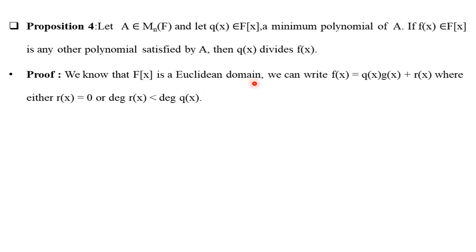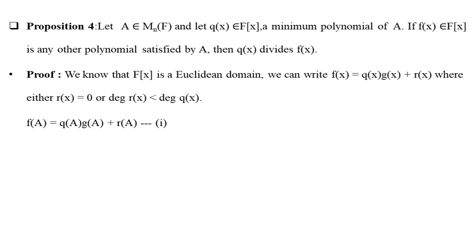So by the property, that is the third property of the Euclidean domain, f of x can be written as f of x equal to q of x into g of x plus r of x, where either this r of x equal to 0 or degree of r of x is strictly less than degree of q of x. Now, we substitute x equal to A in this equation to get f of A is equal to q of A into g of A plus r of A, that is equation number 1.